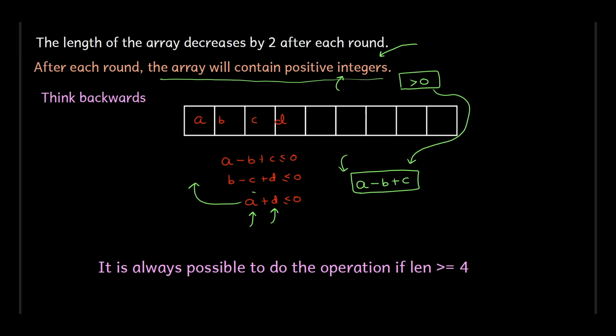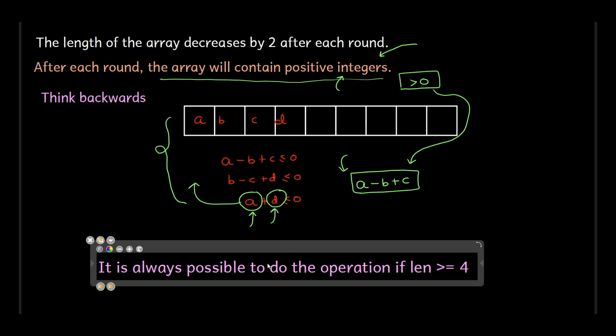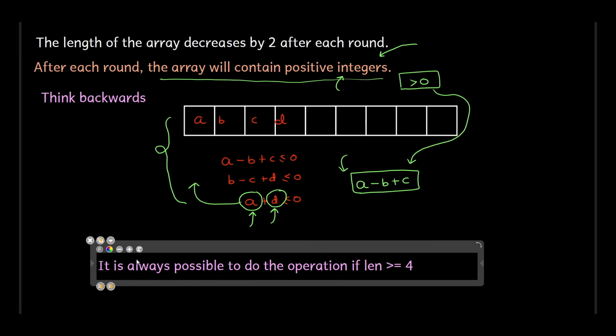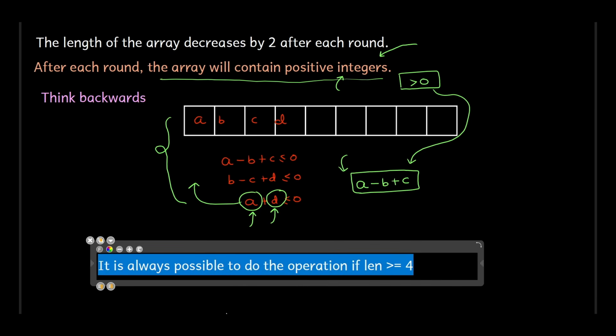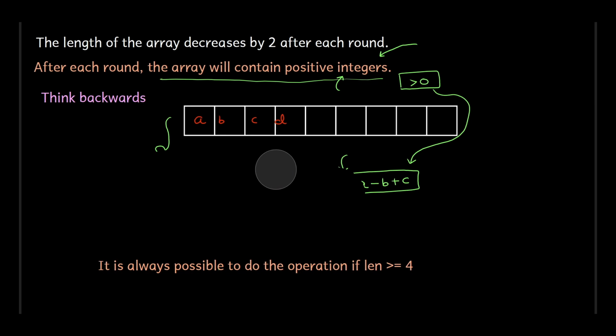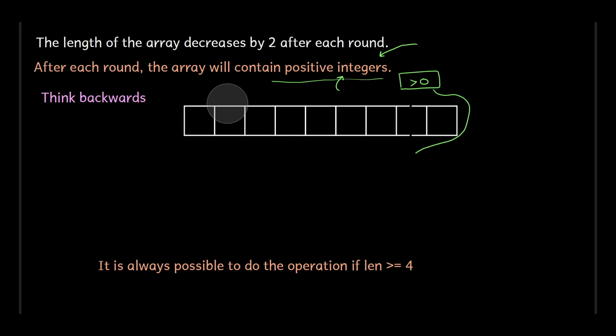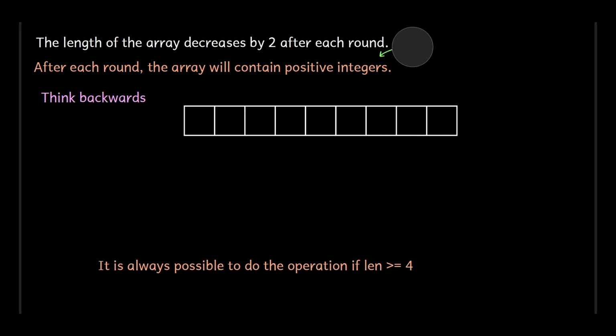Even though A and D might not originate from the original array, our arguments still hold, because at any given point of time the array will still hold all positive integers only. So you can conclude that it is always possible to do these operations as long as the array length is greater than or equal to 4. Now we only have to worry about how much we can reduce it down further.